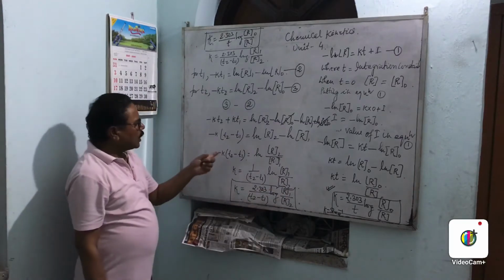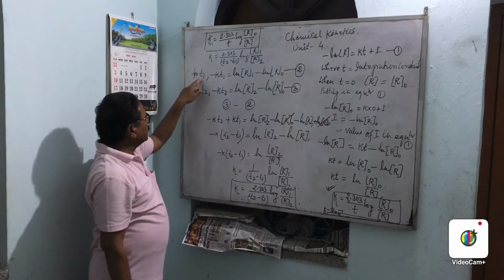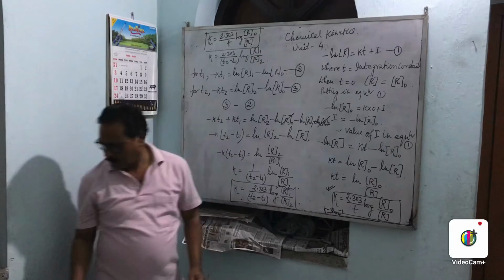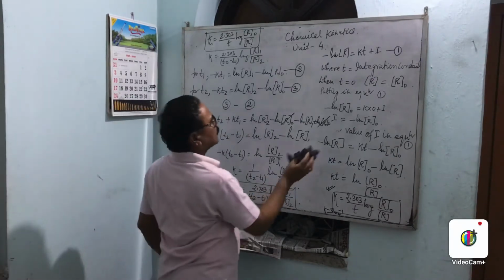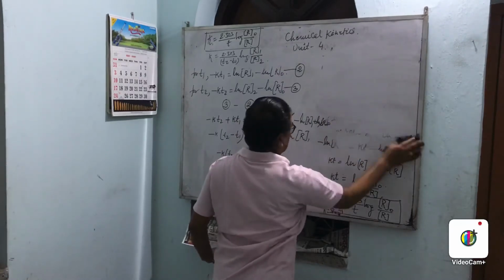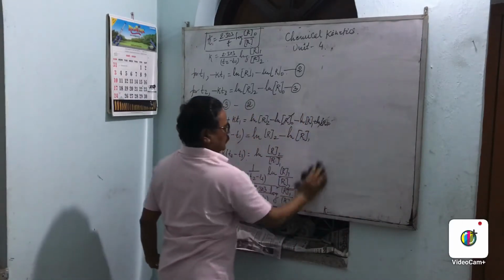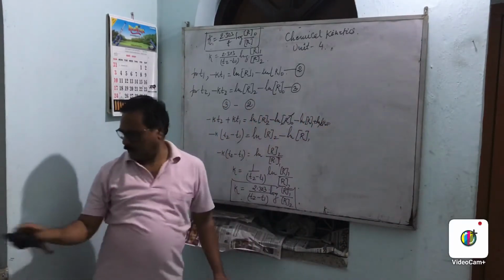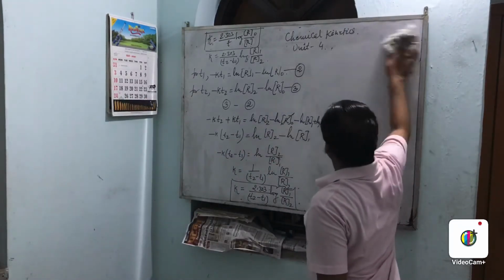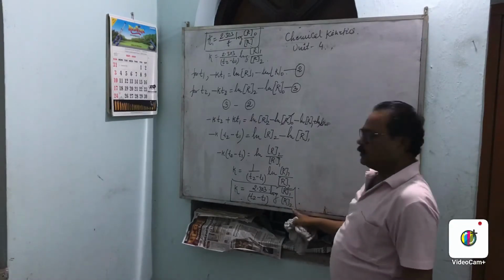R1 and R2 are the concentrations of the reactant at time t1 and at time t2.